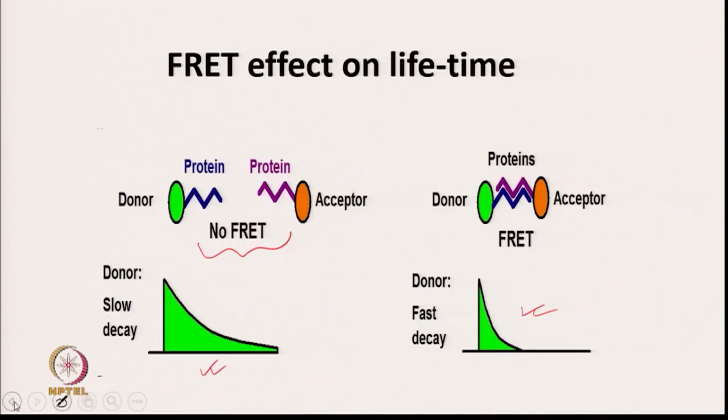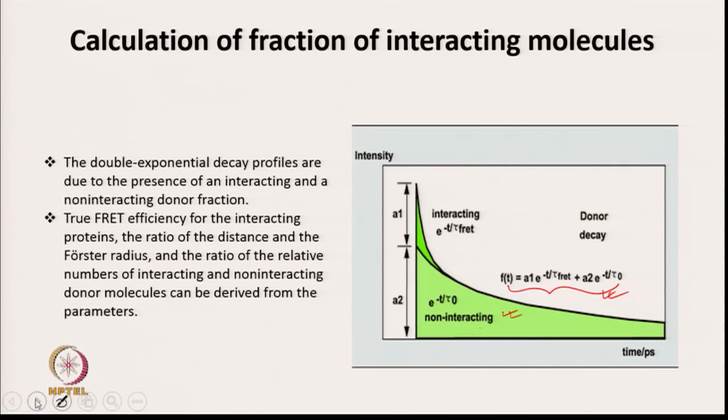If there is a mixture of interacting and non-interacting fluorophore, then you will get this kind of curve, which will be bi-exponential, and just by analyzing this and taking the ratio of A1 and A2, we can know what is the fraction of interacting molecule.